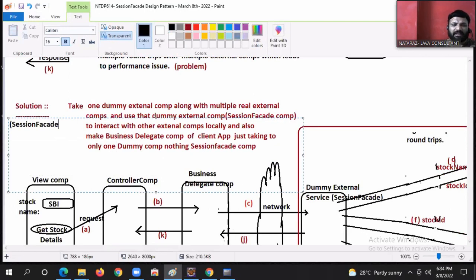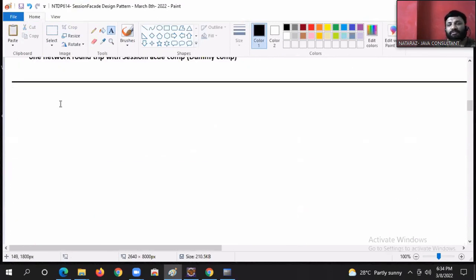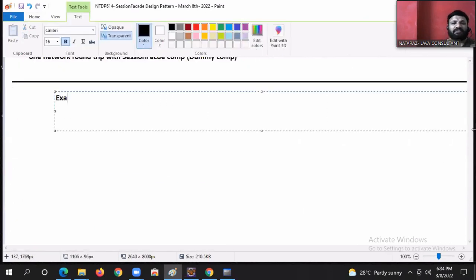SessionFacade design pattern implementation. Right, guys. Fine. Example application on service locator plus SessionFacade.